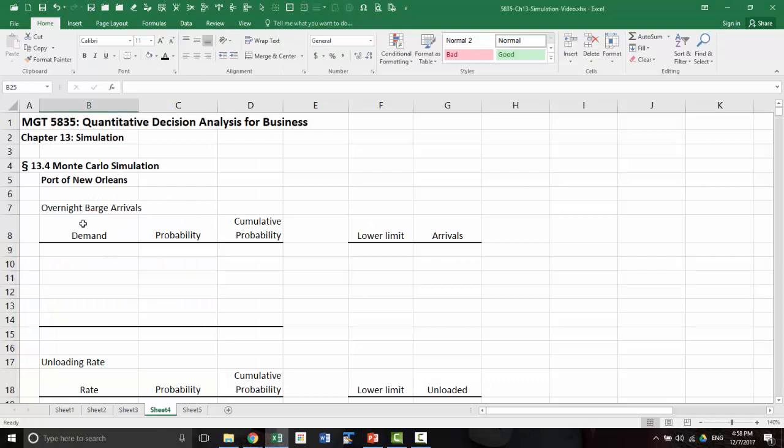So here we have overnight arrivals. So this is not demand, it's arrivals. Okay, now 0 through 5. Okay, and the probabilities are given.